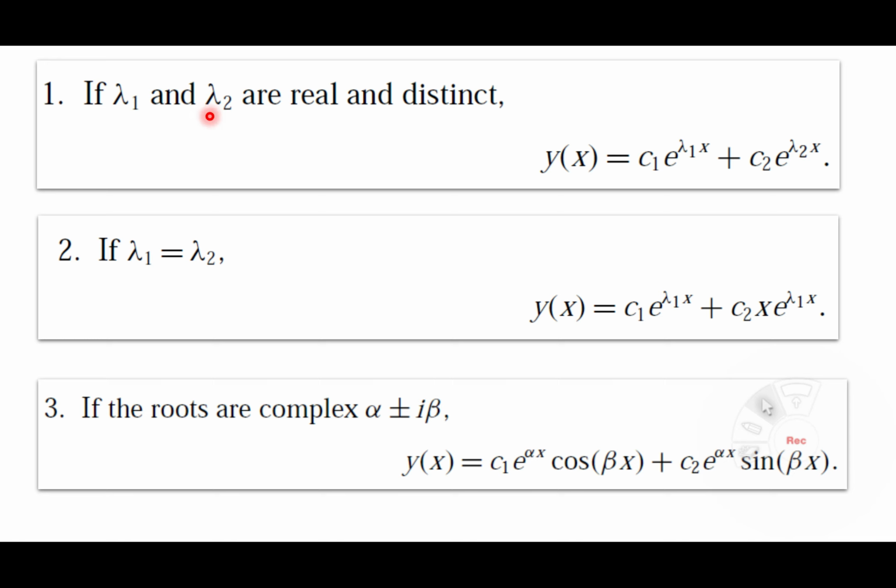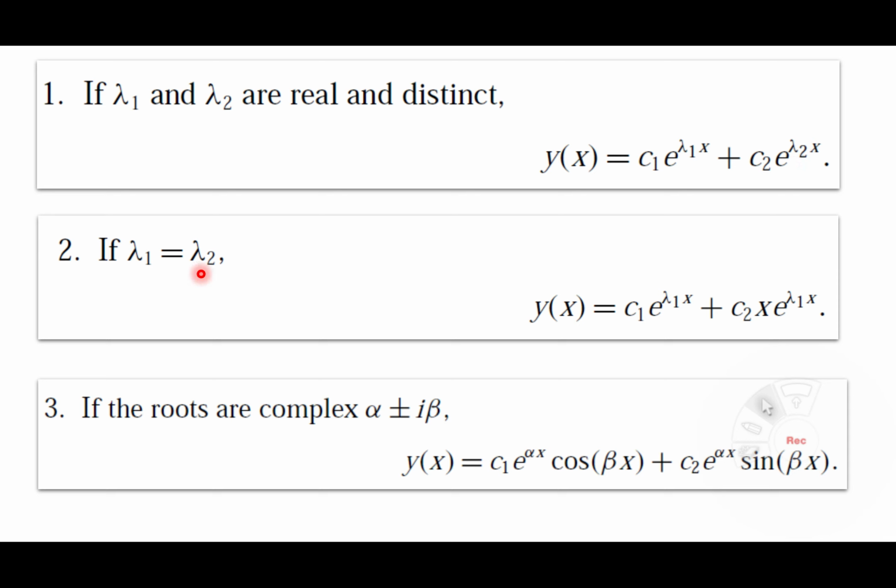In the first case, where lambda 1 and lambda 2 are real distinct roots, our general solution of the constant coefficient differential equation is going to be C1 times e to lambda 1x plus C2 e raised to lambda 2x. This is the general solution.